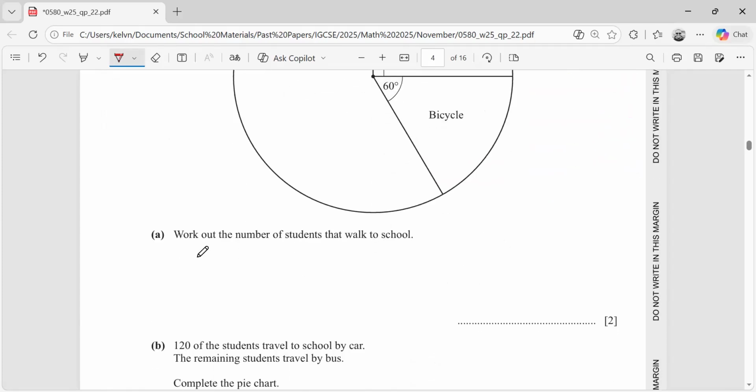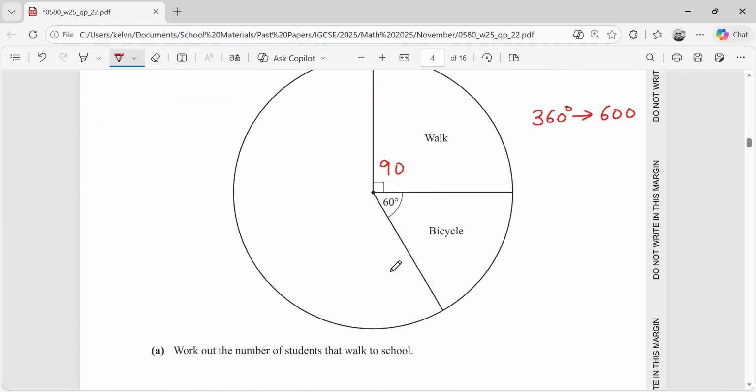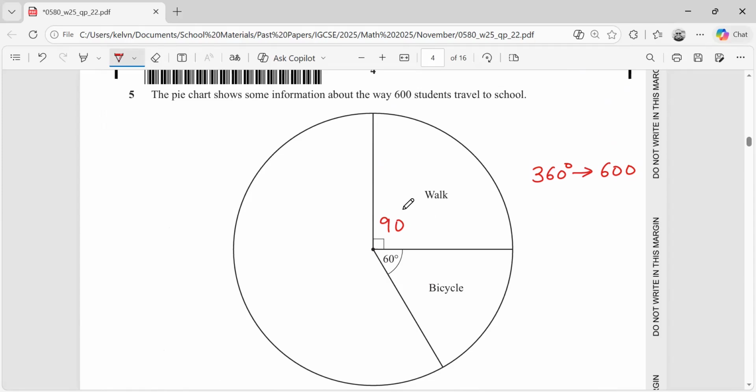So let's see what the question is asking. The first one says, work out the number of students that walk to school. For walk to school, that is 90 degrees. So if 360 degrees represents 600 students, what would be 90 degrees? You can just do a cross multiplication here.